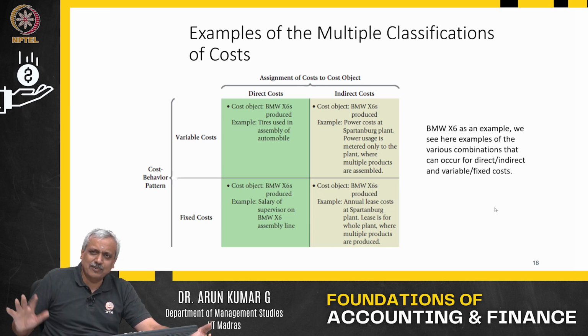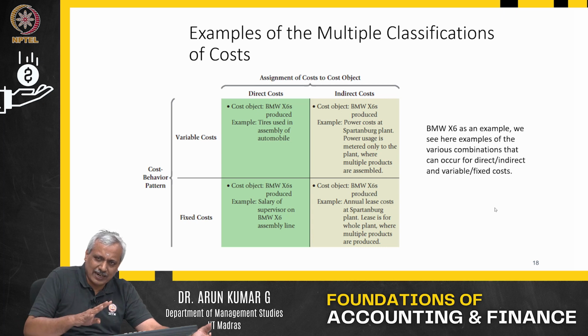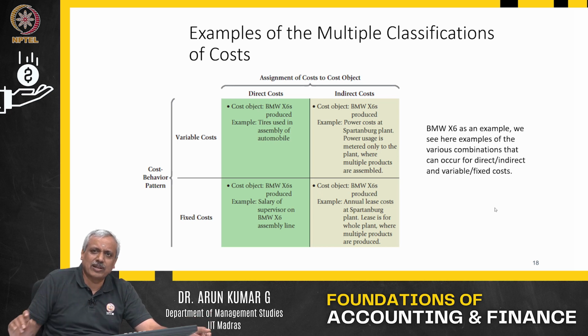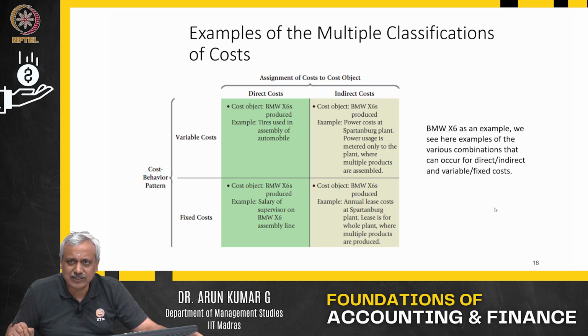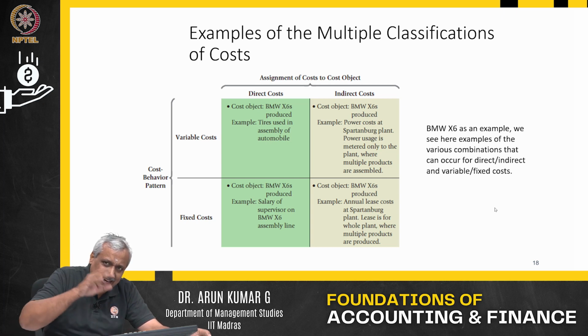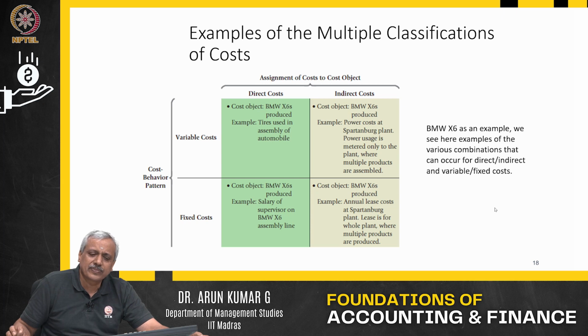Let us take tires: I buy 400 tires, 4 tires for each car, let us keep only the 4 and leave the spare tire aside. 400 divided by 4, so that many cars are getting manufactured. I can say there is a direct relationship.